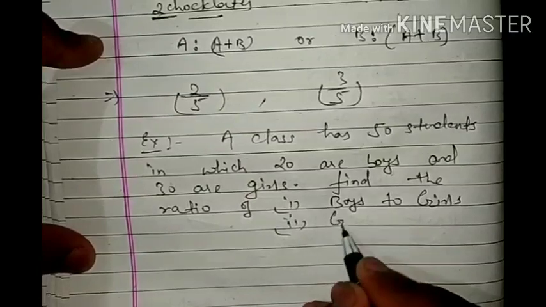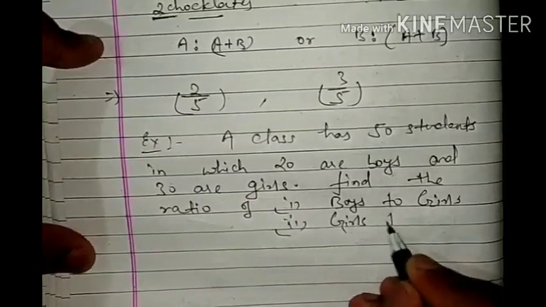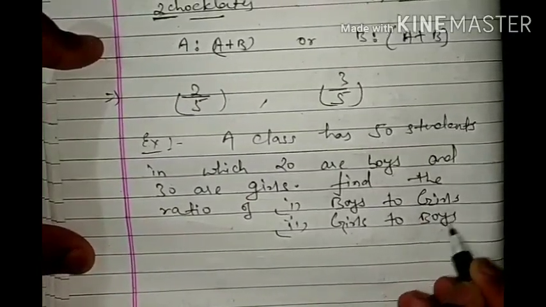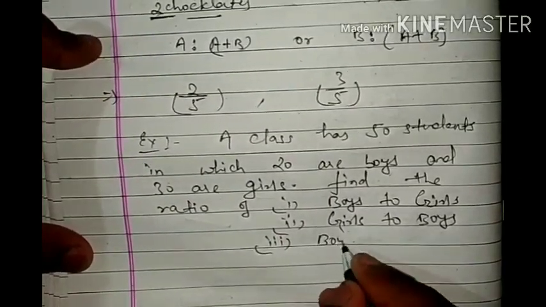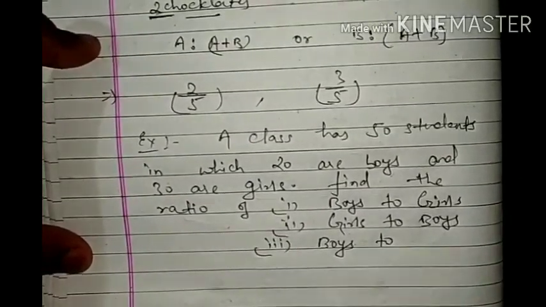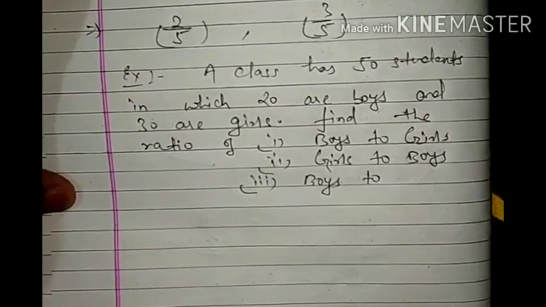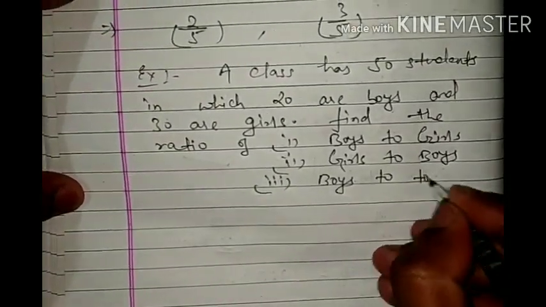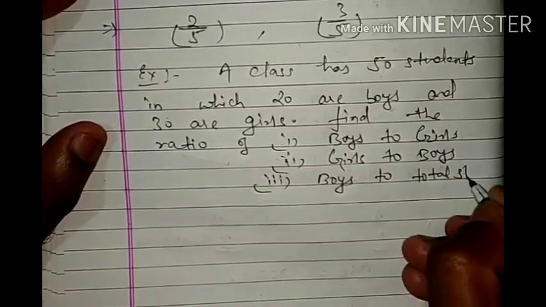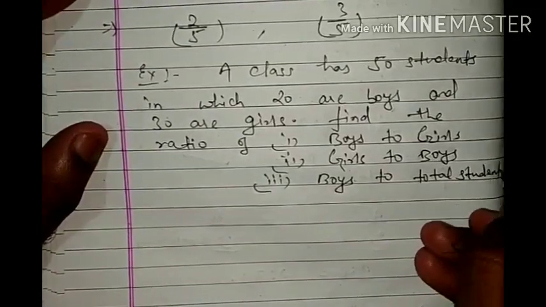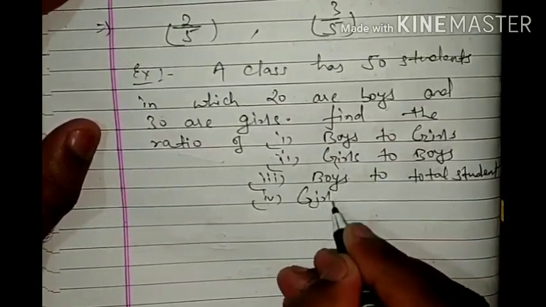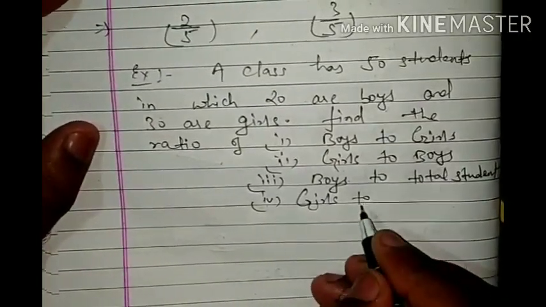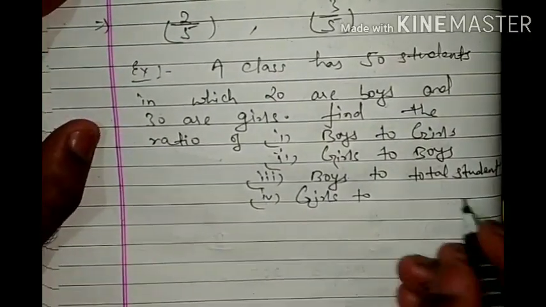Second question, girls to boys. Third question, boys to total students. Fourth question, girls to total students.